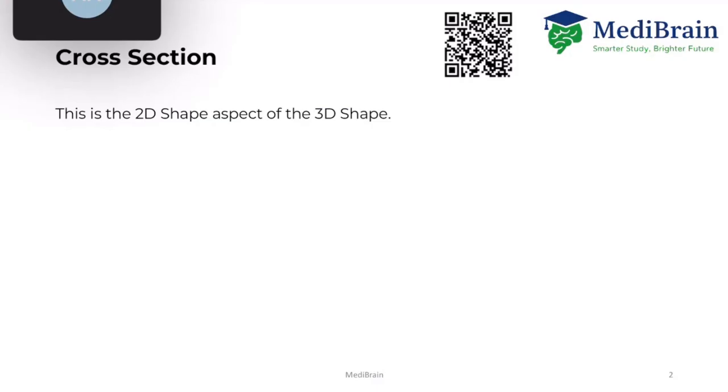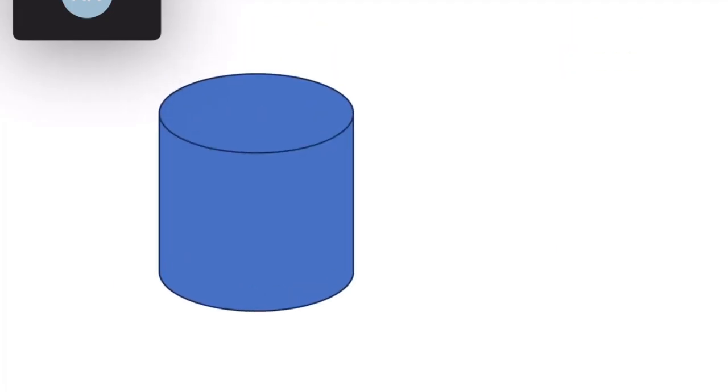So we're going to start off by looking at the cross section of a shape. And the cross section is just the 2D shape aspect of a 3D shape. And we're going to look at some examples now. So for example, over here, we all know that this is a cylinder. But what is the 2D shape in this 3D shape?